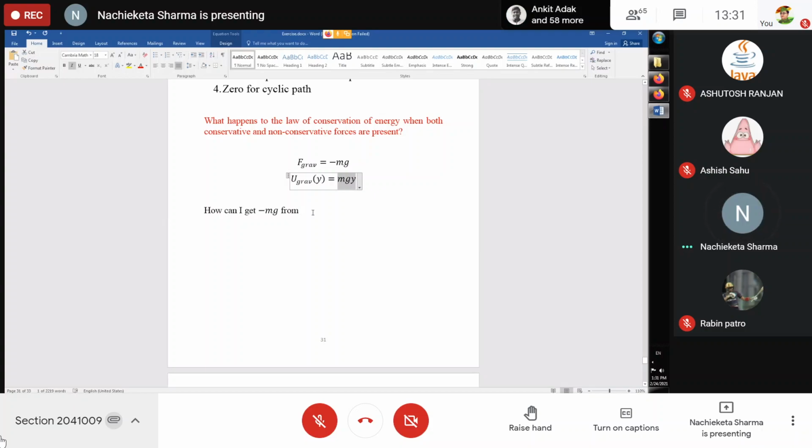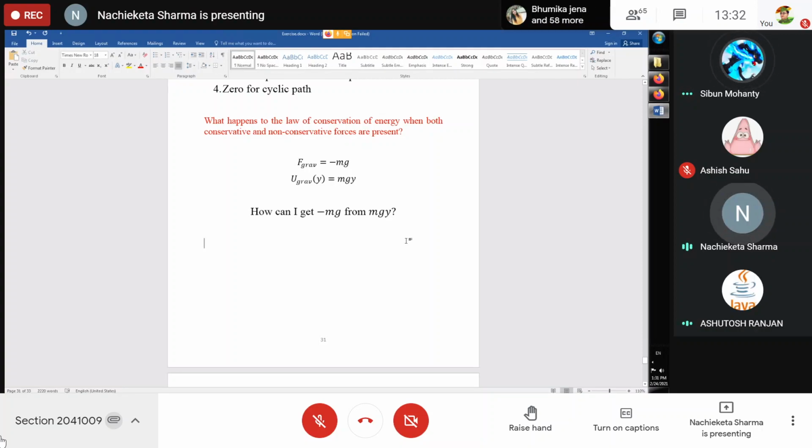Yes, this is my question. How can I get minus mg from mgy? Yes, anybody? By taking a derivative with respect to y, the position derivative of the potential function.